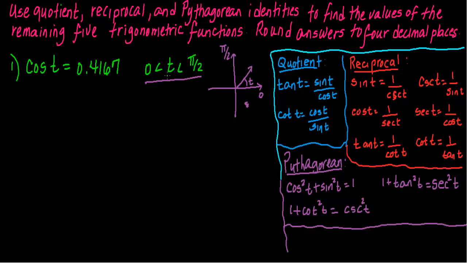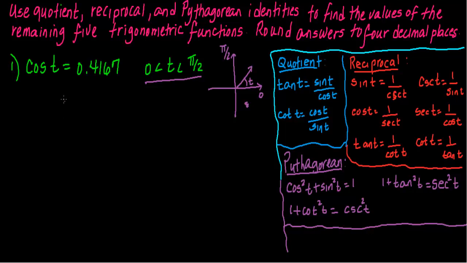Now, that's why they have to tell you where t is, because if you don't know where it is, when you go ahead and find sine of t for this same angle, if I'm in the first quadrant, sine of t would be positive, but if I'm in the fourth quadrant here, my sine of t would have to be negative. So that's why they have to tell me where I'm standing. So I know I'm in the first quadrant. That is going to influence the positive or negative sign that I place on my trig functions, okay?